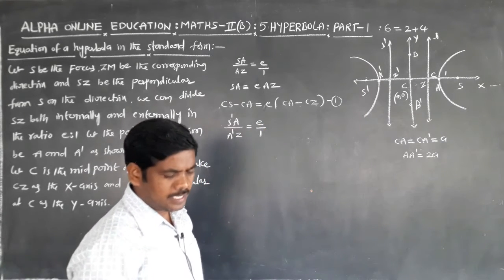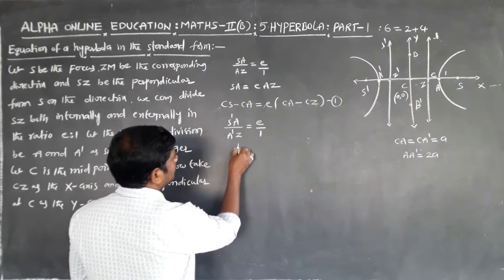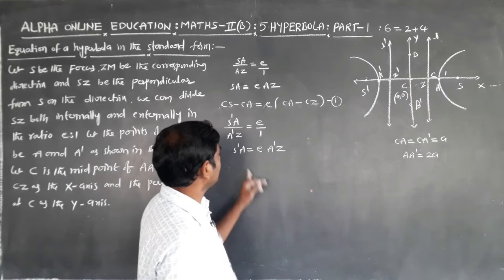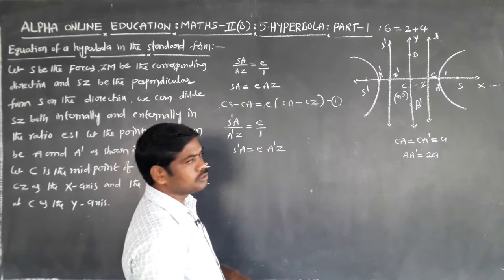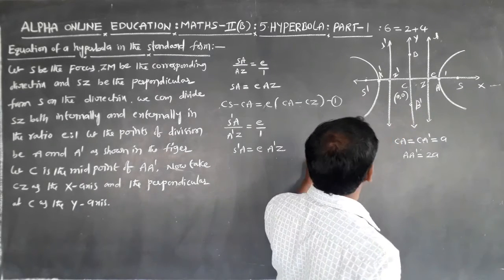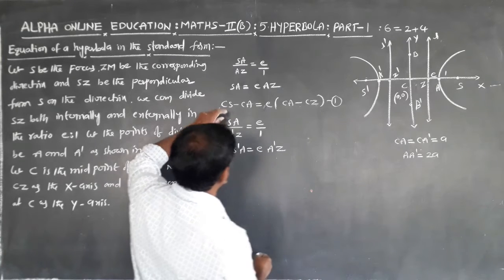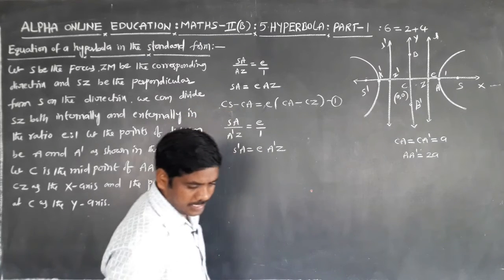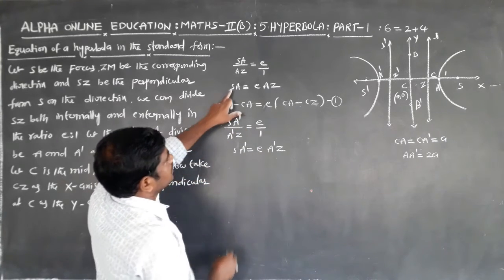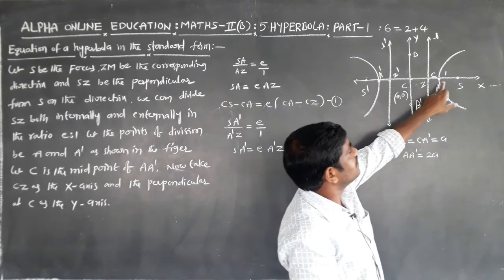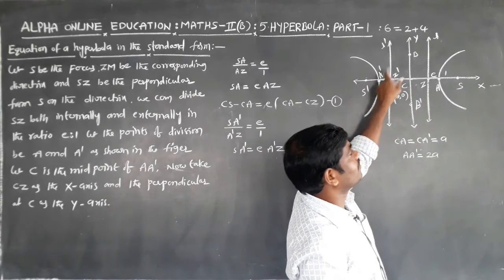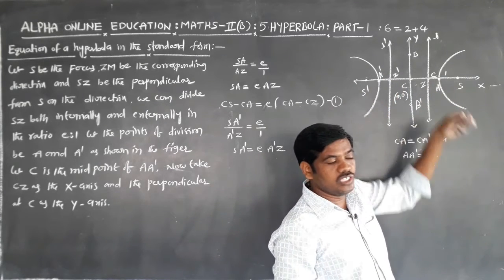SA dash is equal to e into A dash Z. A divides the line segment SZ in the ratio e:1 and also A dash divides SZ in the ratio e:1 externally.